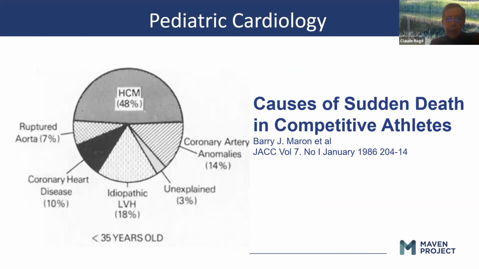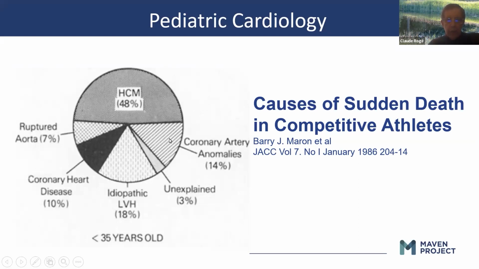And what are those conditions causing death in competitive athletes? Well, we will go briefly over the more frequent, and clearly the more frequent one is hypertrophic cardiomyopathy. You see almost 50%. And if you add idiopathic left ventricular hypertrophy here, it's not definitive, maybe we don't have all the information to say it is hypertrophic cardiomyopathy, but they are very similar.